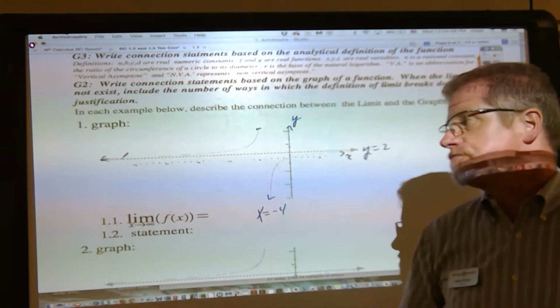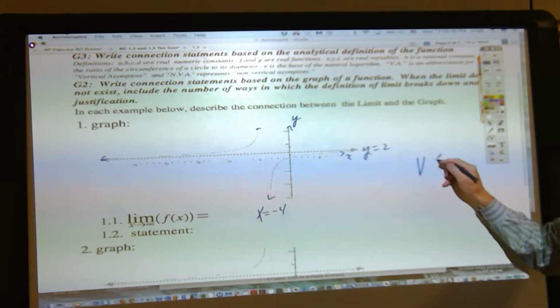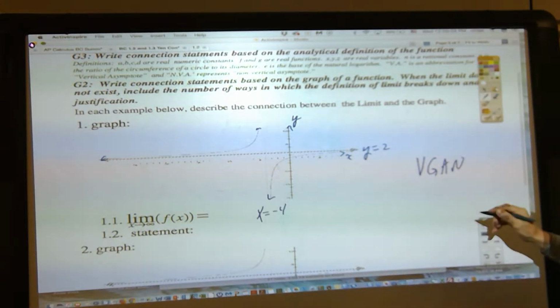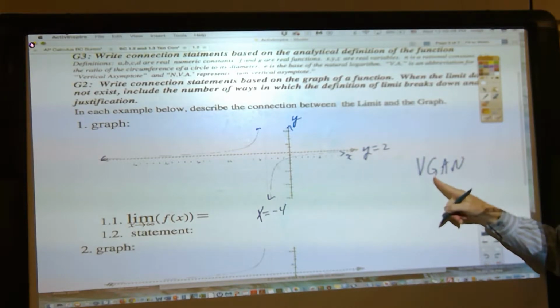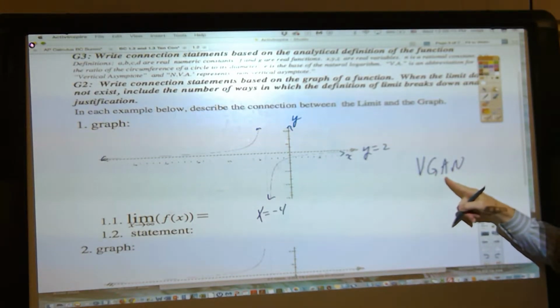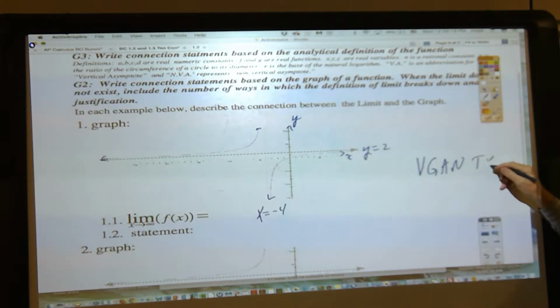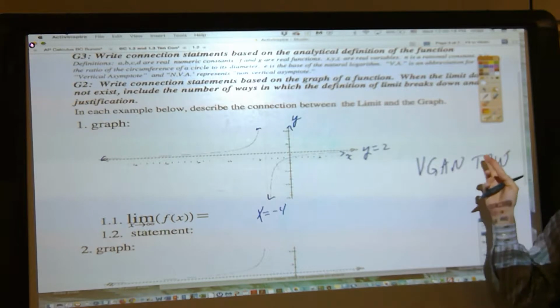That's good for me to know. Please do not pretend that you understand anything about limits unless you understand them verbally, graphically, algebraically, numerically, using technology, and how they are connected to RW, the real world.